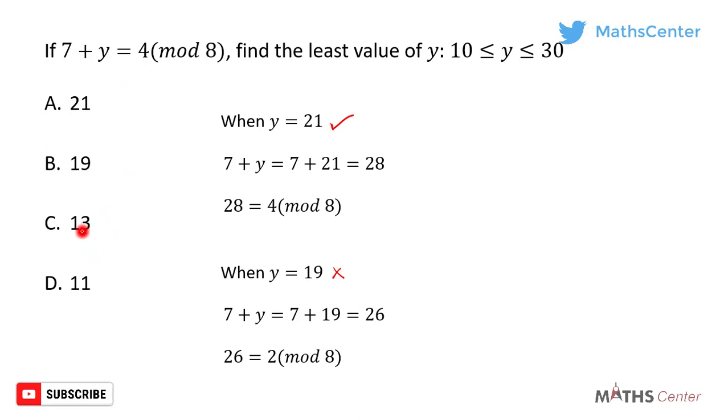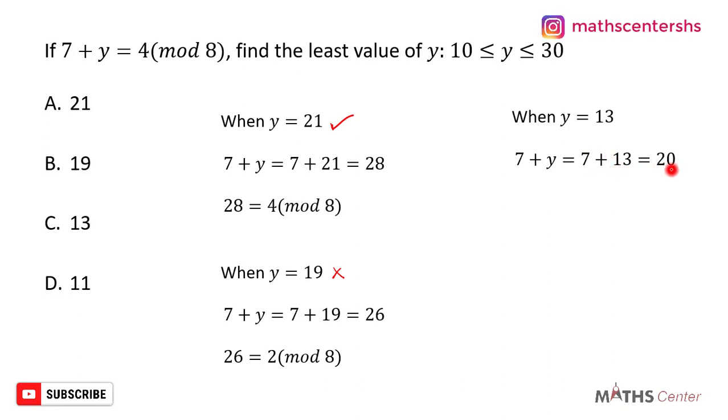The next one is when y is equal to 13. 7 plus 13 is 20. The value of 20 in mod 8 is 4, because 20 divided by 8 is 2 remainder 4. So when y is equal to 13, the equation is satisfied.